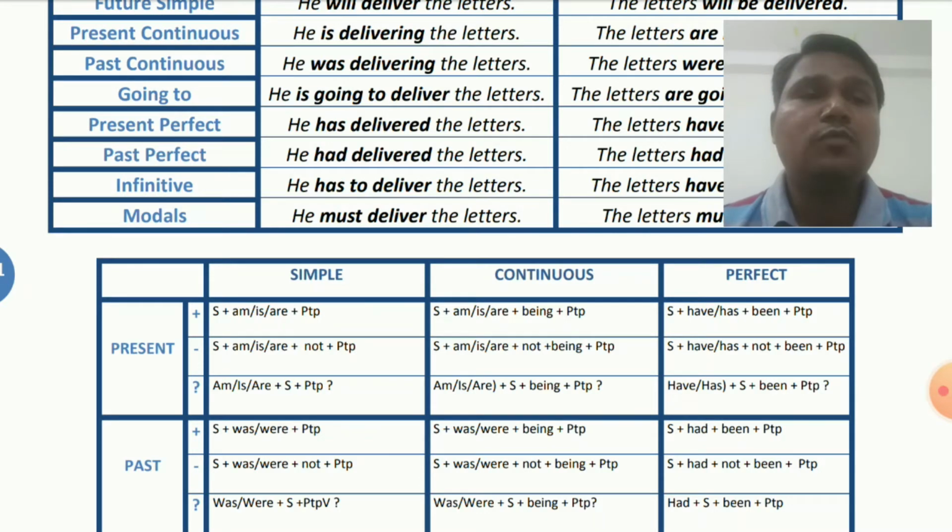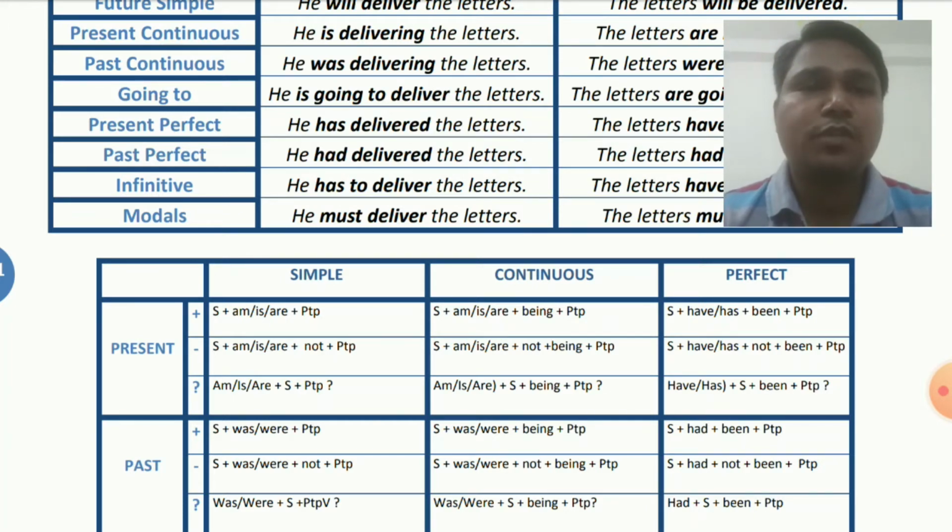Now one more thing you have to remember, when you are making a WH question with the WH word who, the example is: who delivers the letters? This is active voice. When you make the passive voice of the same sentence, what will you do?